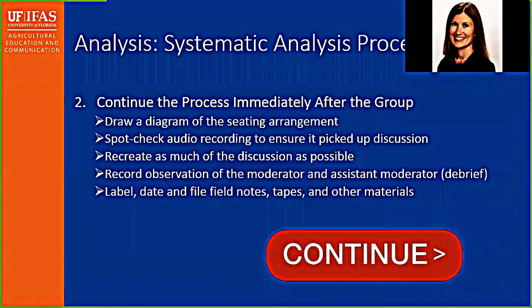You'll find you get these gold nuggets when you're running a focus group, and sometimes I'll write those quotes right next to the person so I can track that individual. You might want to spot check the audio and recreate as much of the discussion as possible. And make sure you're organizing everything: label, date, file your notes, your tapes, and any other materials.